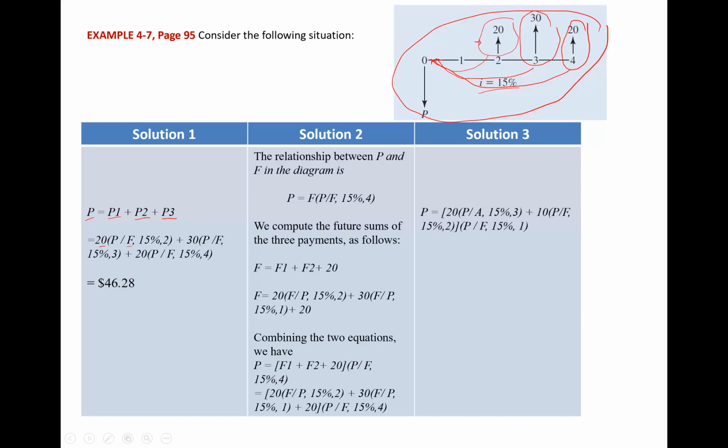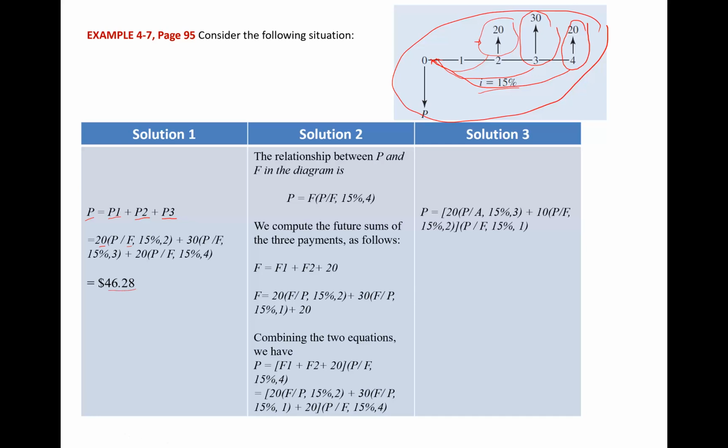For $30 we have 1 year, 2 years, 3 years, and the last $20 is multiplied by looking for P given F, 15%, 4 years. So when we calculate P1 plus P2 plus P3, we get $46.28.